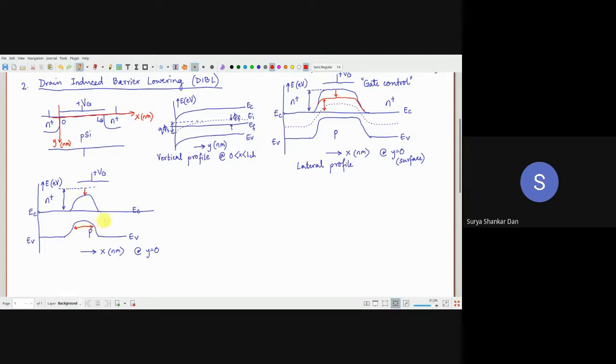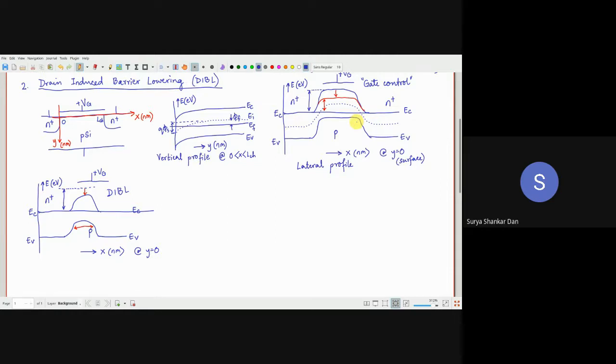The distance has reduced. So this is called the famous drain induced barrier lowering. The drain is inducing a lowering of this barrier. Whenever we speak about this term barrier, it is simply the barrier which is seen in the channel region.